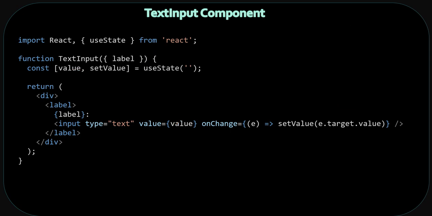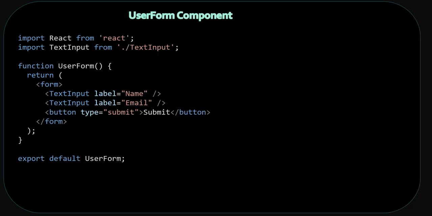Now I will demonstrate how this is used inside the user form component. Now if you see in the user form component, we have the text input, one for capturing the name, another for capturing the email. At the same time we have a submit button. Now on the submit button click, imagine you want to submit the form with the name and email fields captured.